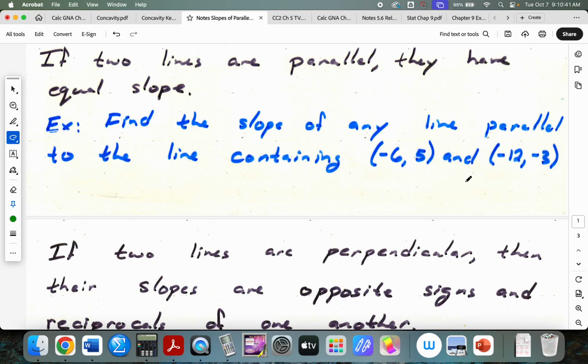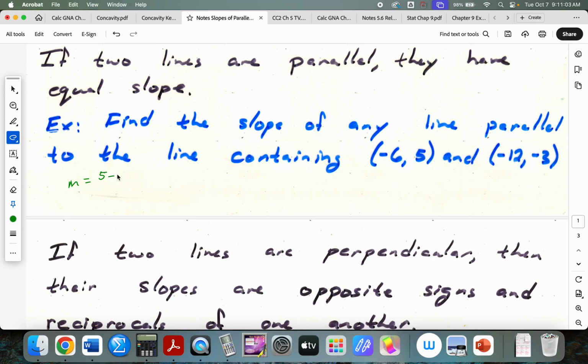Now the next thing, if 2 lines are parallel, they have equal slope. So this problem, find the slope of any line parallel to the line containing the coordinates -6, 5 and -12, -3. Okie dokie. So I'm going to find the slope of the line that I have now.